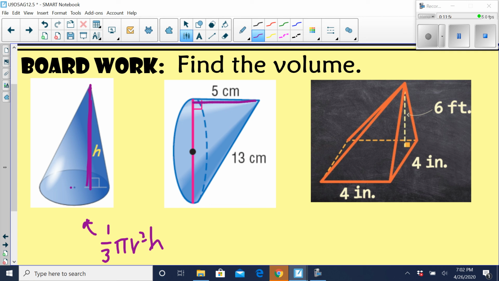This would be another example. The height is actually located here, and it would be connected to the diameter there. This one I would actually use my Pythagorean theorem, and it would give me the diameter, and then if I wanted to find the volume, I would need to cut it in half to find the radius. Not going to make you do it right now, but just showing you some examples of the oblique figures, where the height isn't directly above the face.